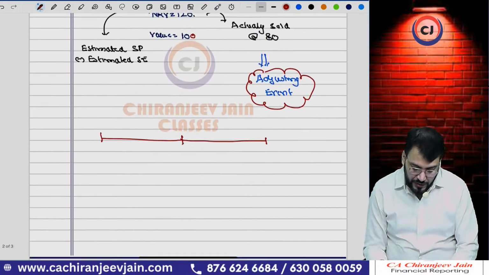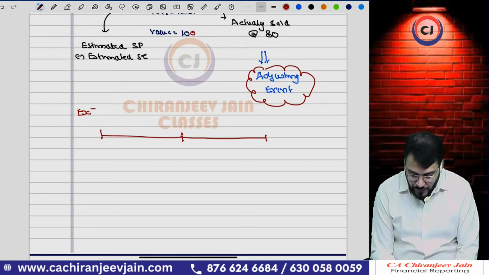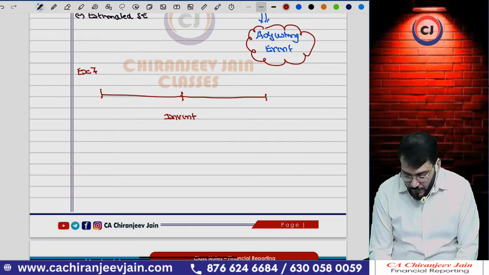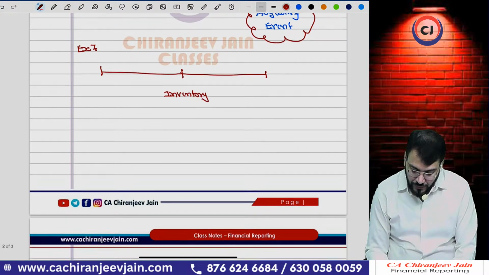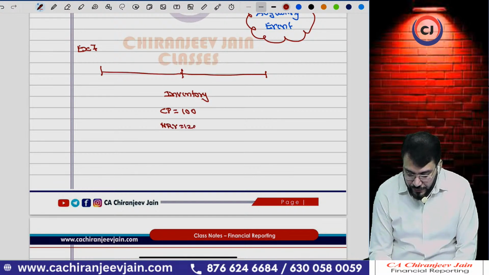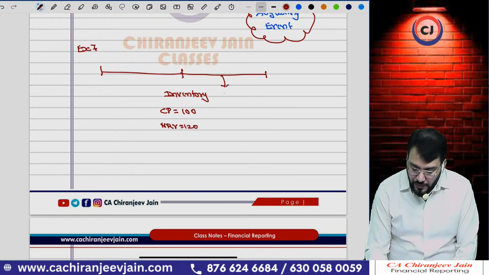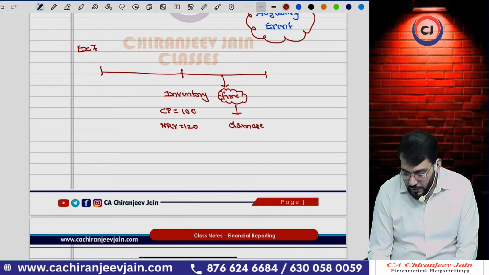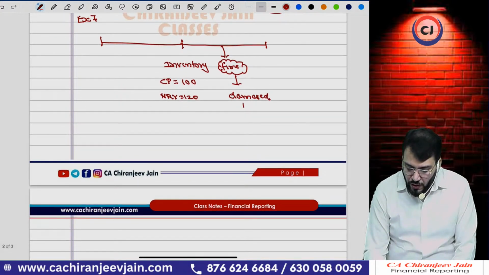Example number 7. Same inventory, and the cost price is equal to 100 and NRV is equal to 120, and a fire occurred due to which inventory was damaged.